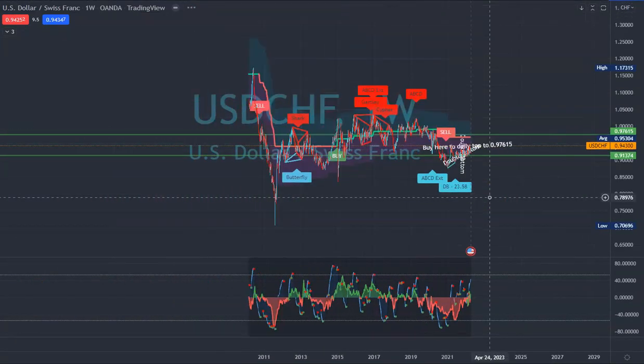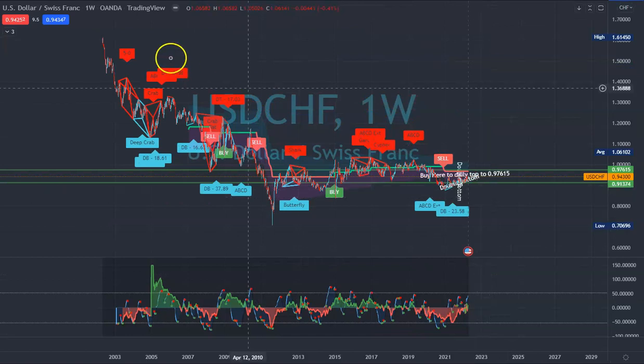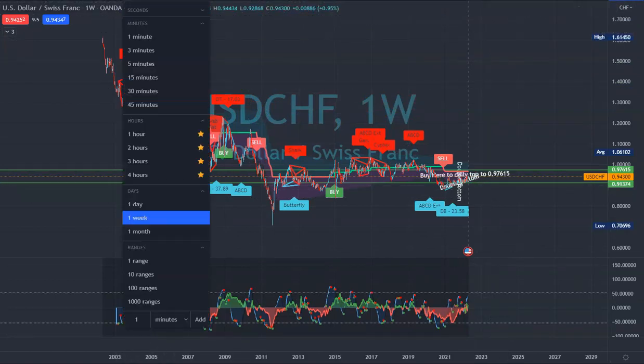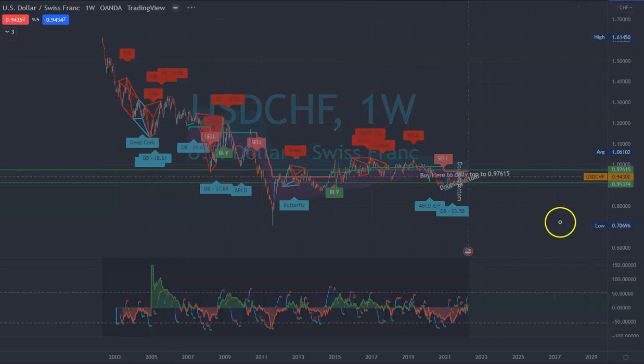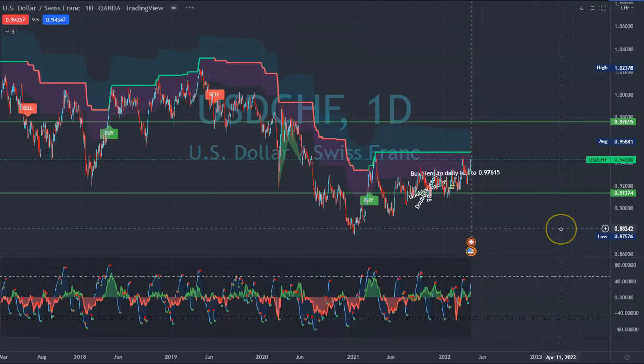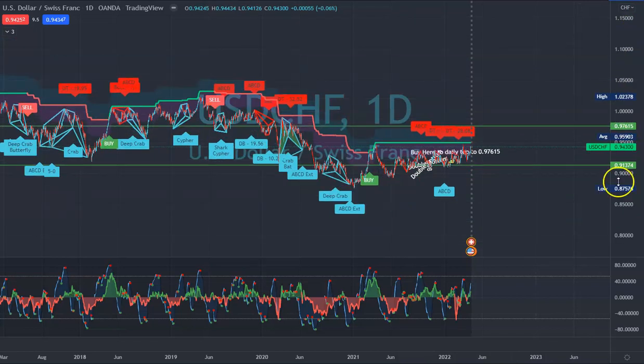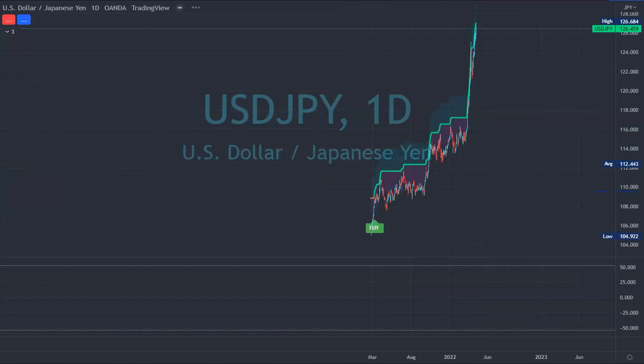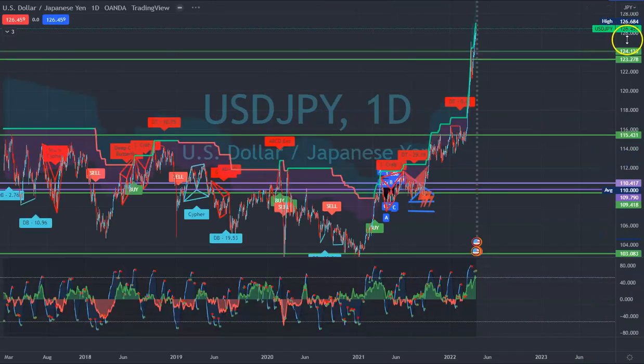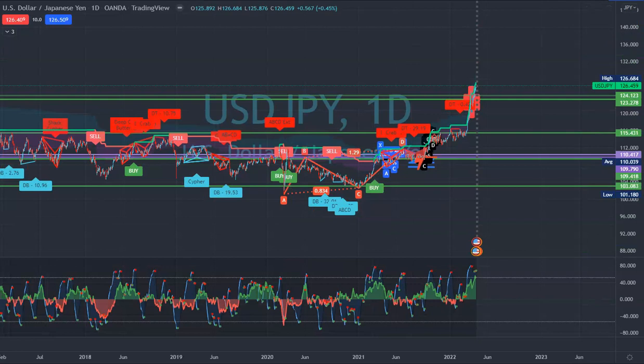There's so many harmonics. This one's about to close. So it's headed up here, alright, at 0.97. Past the 124.